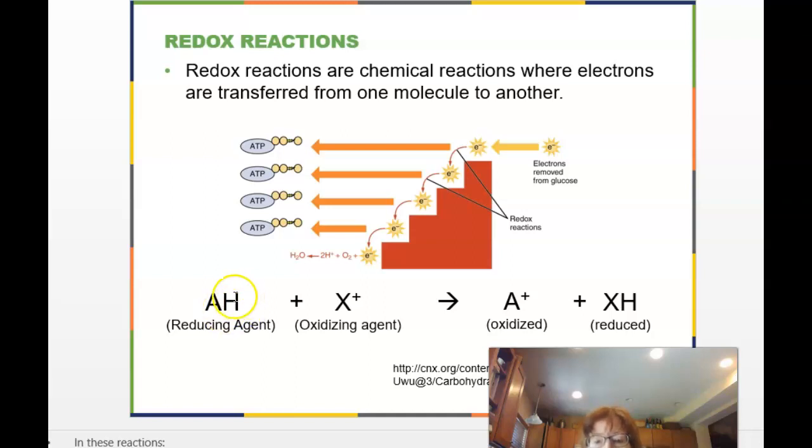So if we remove hydrogen from this and give it to the oxidizing agent that you see here next door, then we're going to cause this X, which was at one point oxidized, to become reduced. So when you see things gaining hydrogen, that means that they're really gaining electrons. And so we call something that's gaining electrons something that's reduced.